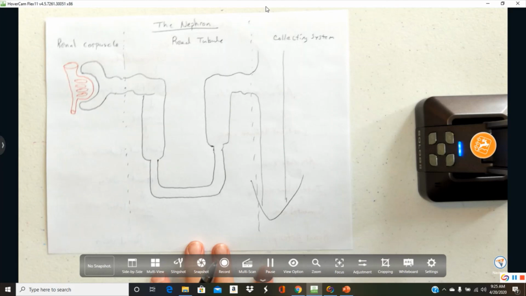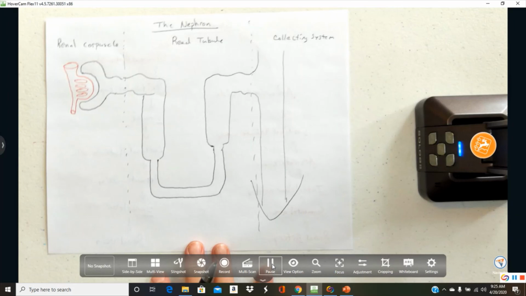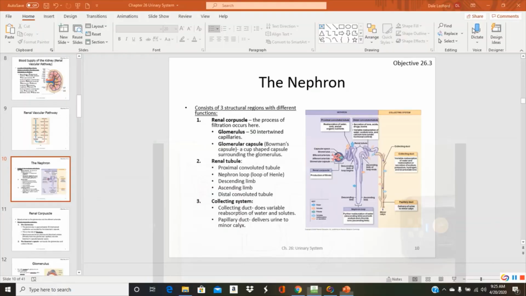What did I just hit? Must have froze something here. I don't know where my computer froze up. What's going on?